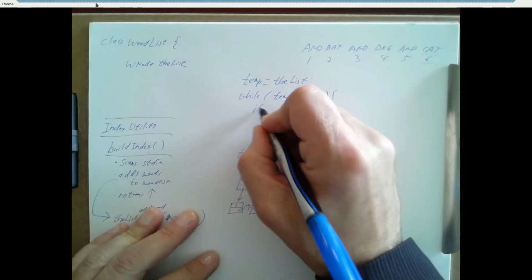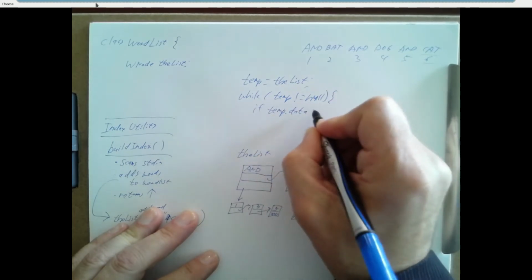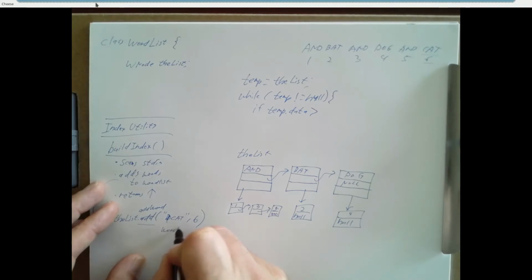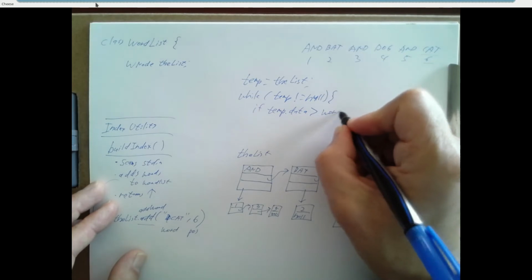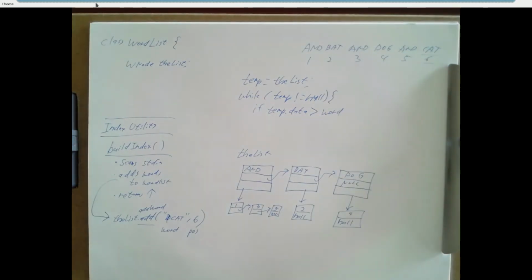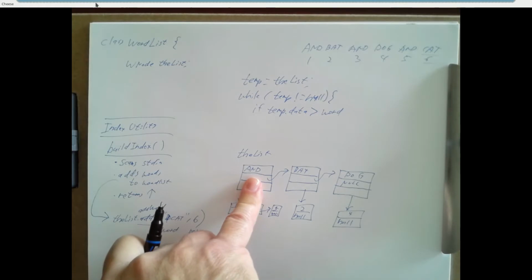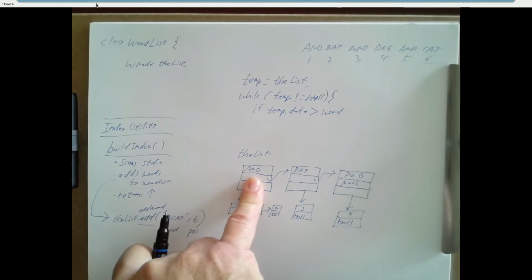So if temp data is bigger than word, let's just say this is word and position. We're inserting cat, so when we look at it, ant comes before cat, so we don't want to insert before ant.